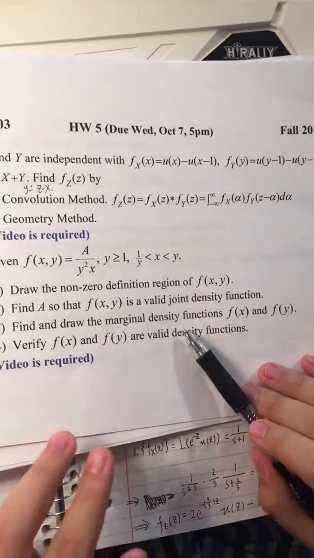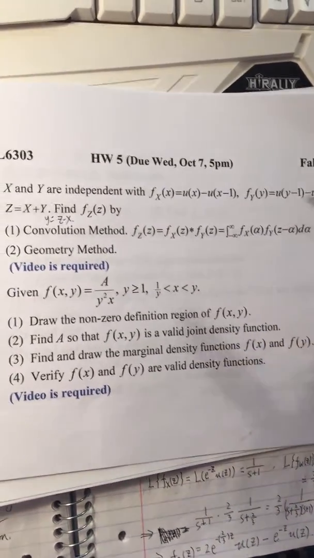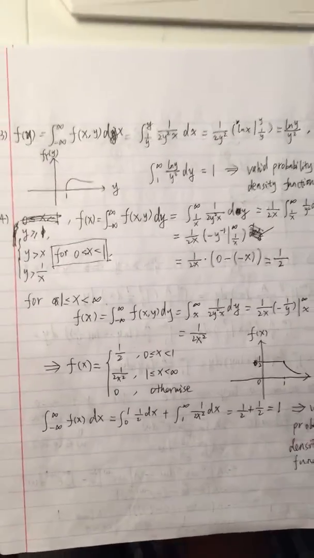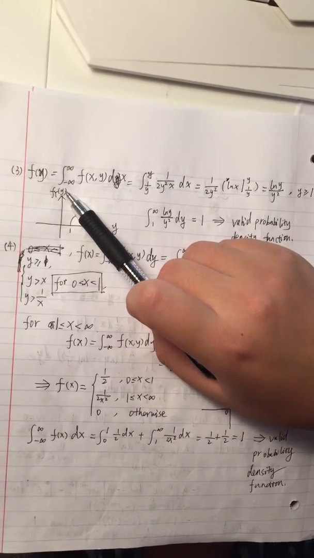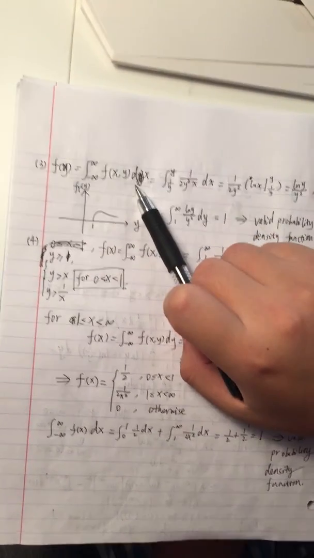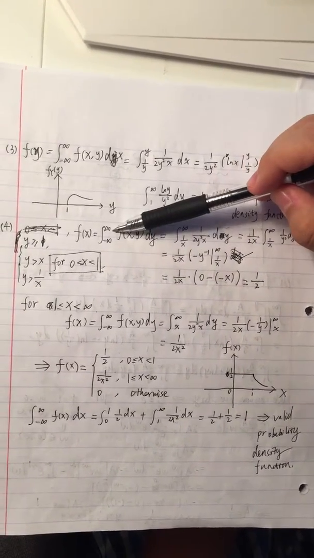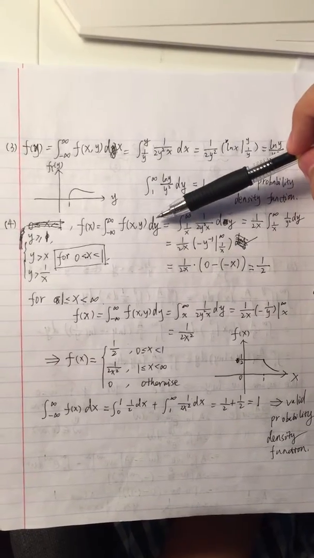For the next question, find and draw the marginal density functions fx and fy. We can do it by the definition: fy is equal to the integral from -infinity to infinity of fxy dx, and the same for fx, which is the integral from -infinity to infinity of fxy dy.